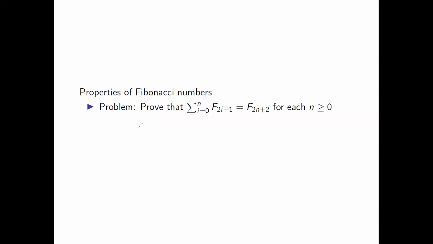So for some small values of n, the sum from i equals 0 to 0 of f of 2i plus 1 is just f of 1. The sum i equals 0 to 1 of f of 2i plus 1 is f of 1 plus f of 3.